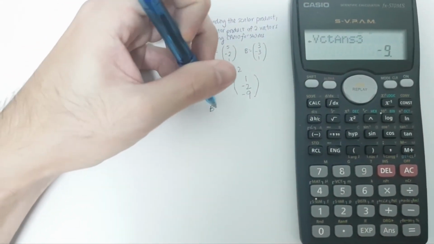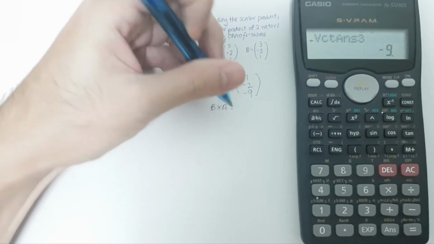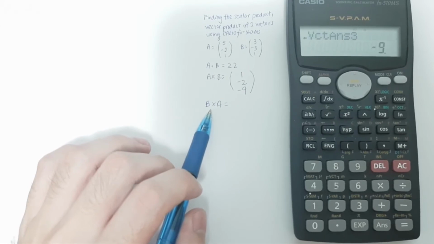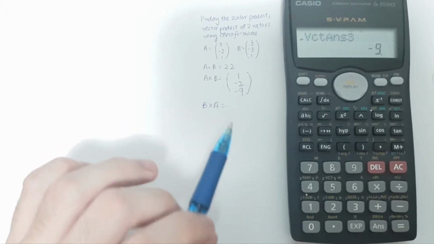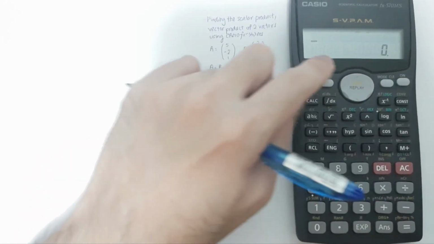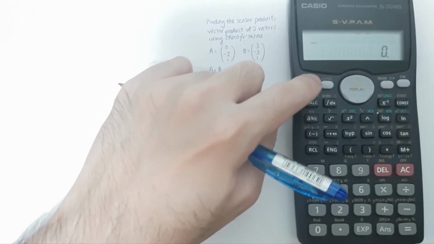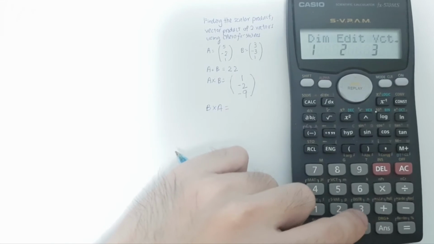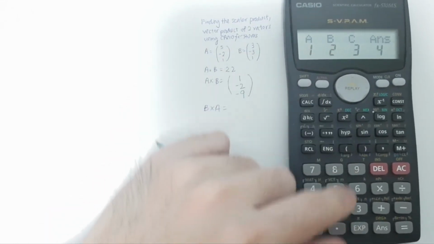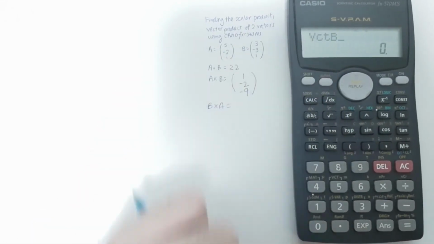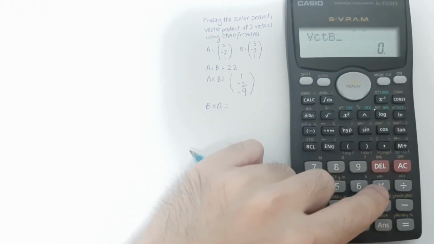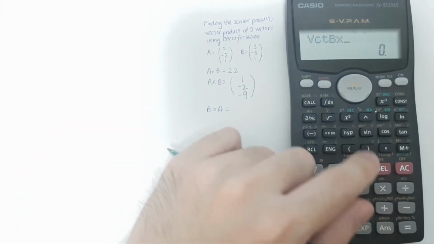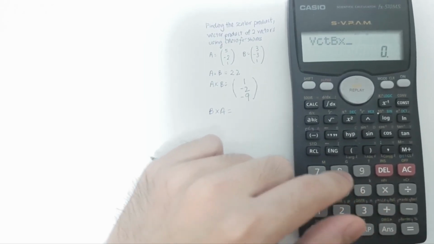Let us do another example of the cross product. We want to find the cross product of B and A, so that is B cross A. First things first, we include vector B, so we press Shift, press 5, press 3, and then press 2 to include vector B. Then the next thing, in order to include the cross sign, we press the multiplication sign on the calculator.